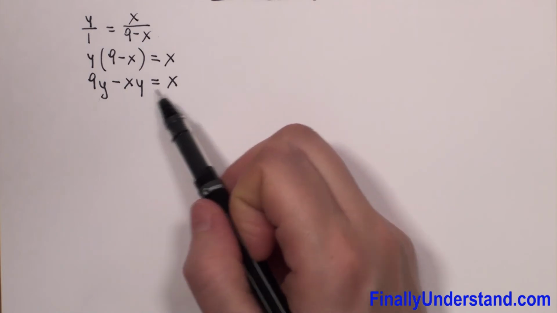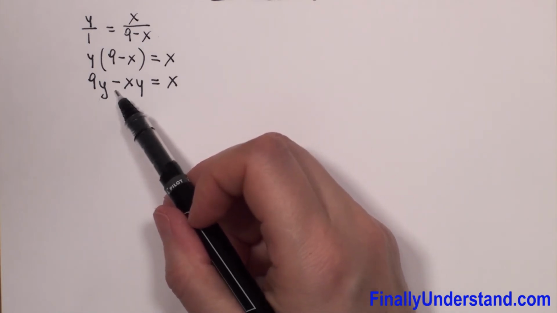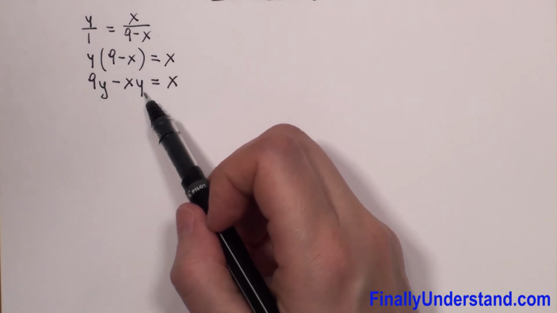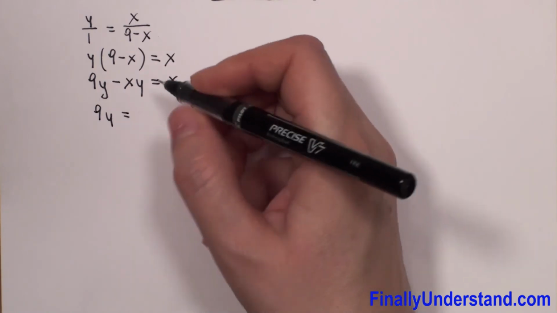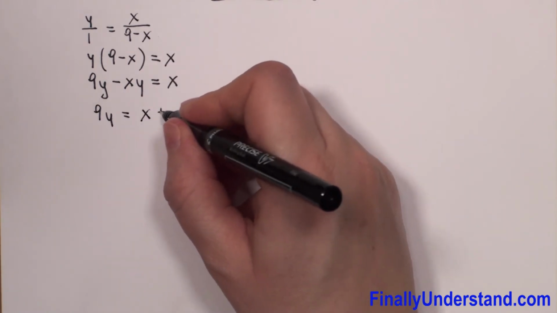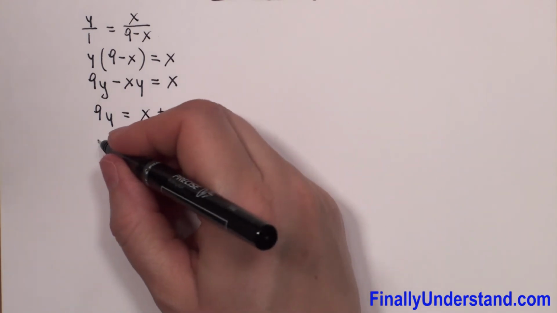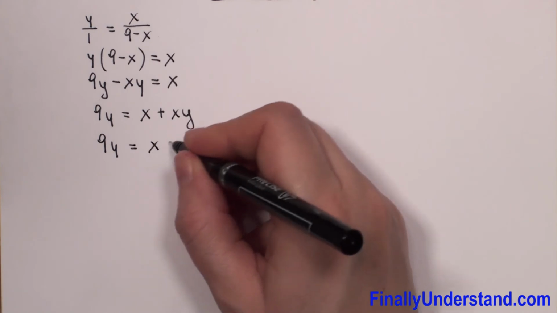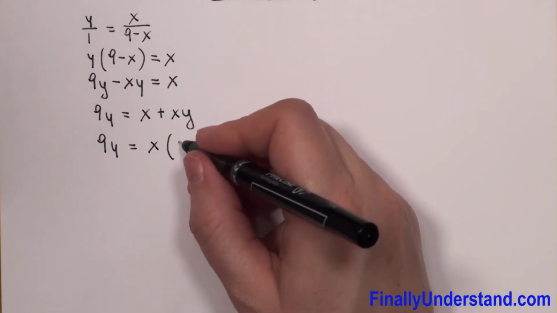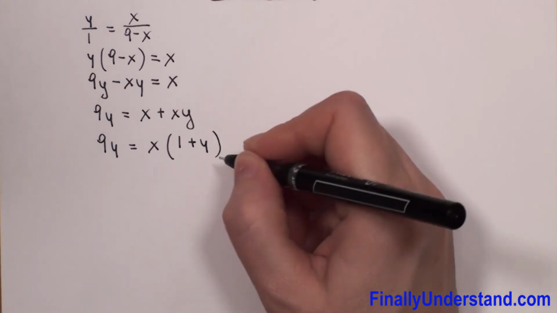I will move it to the right side because on this side I have negative xy. So we have 9y equals x plus xy. Now we can factor x. We copy 9y equals x, and in parentheses I will have 1 plus y.